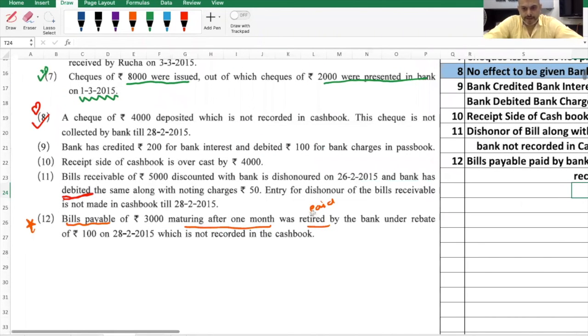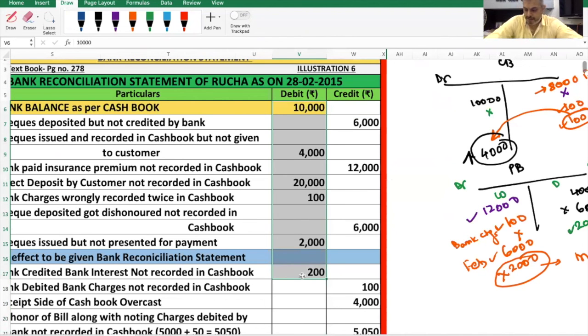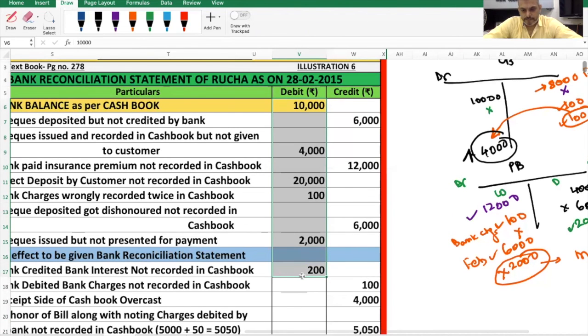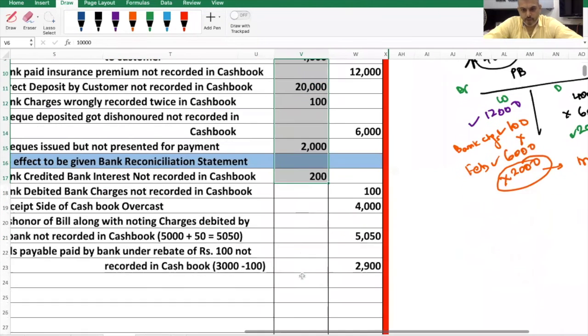Leave 2 lines blank and we have to see which side is more. So take a calculator and see which side is more. Credit side it is 36,050 and debit side it is 36,300. So debit side seems more.